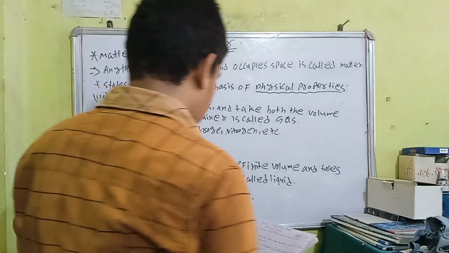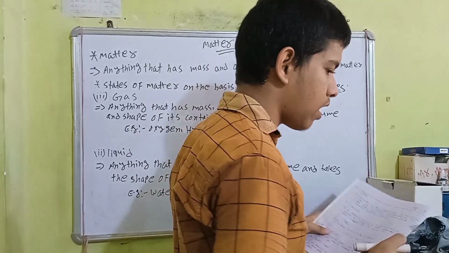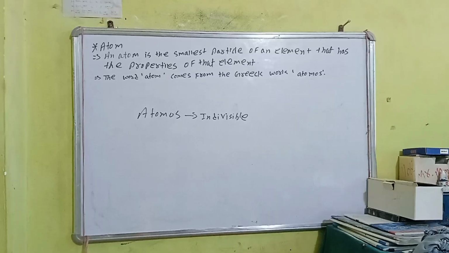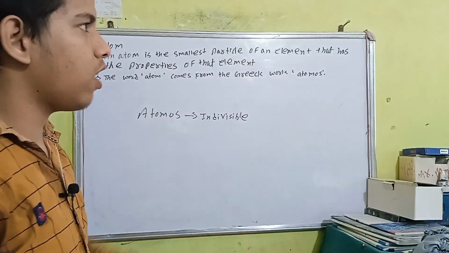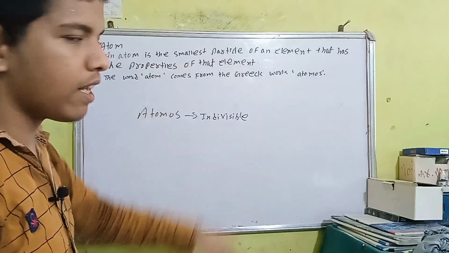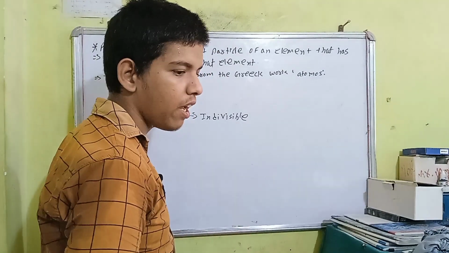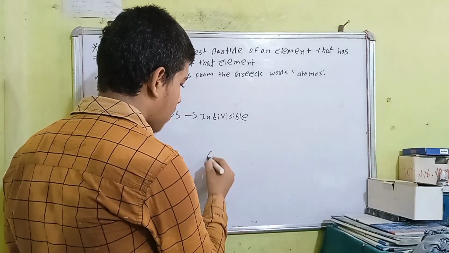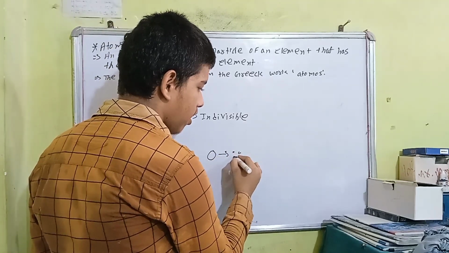Let's talk about now what is next? Atom. What is atom? Let's talk about it. You can take this screenshot. An atom is the smallest particle of an element that has the property of that element. You have an element, and let's say this is the atom of that element.